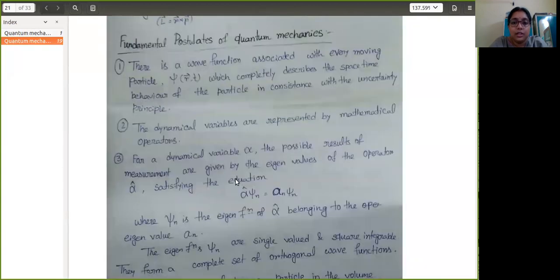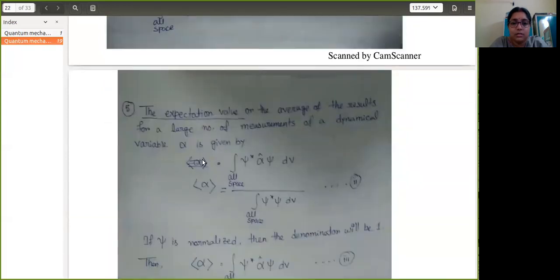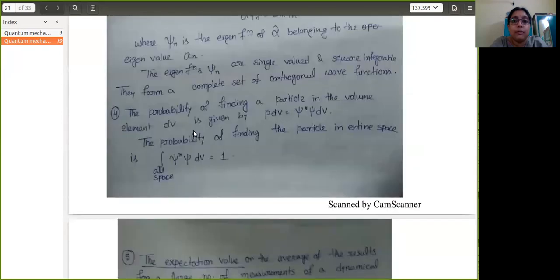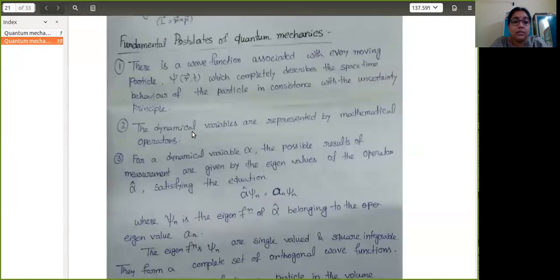And we have one more postulate, which is the expectation value. So you have to remember all 5 postulates. What are they? First, the wave function psi, which describes the space-time behavior of the particle in consistence with the uncertainty principle.